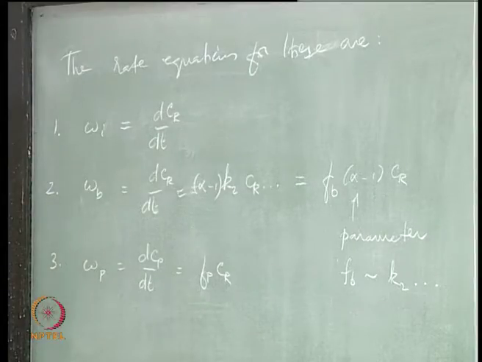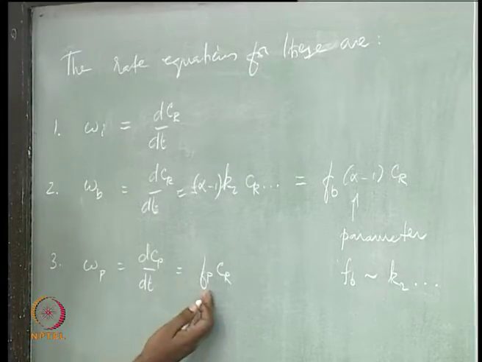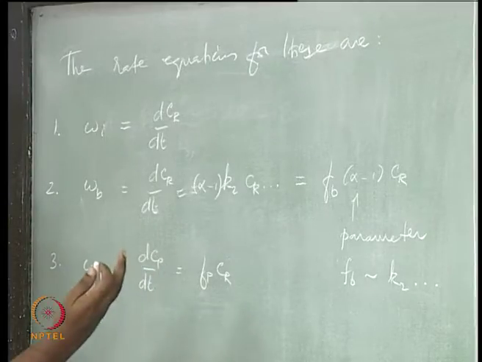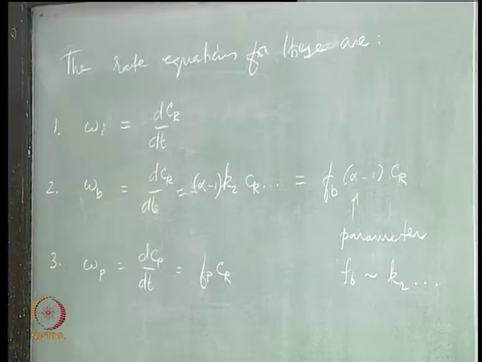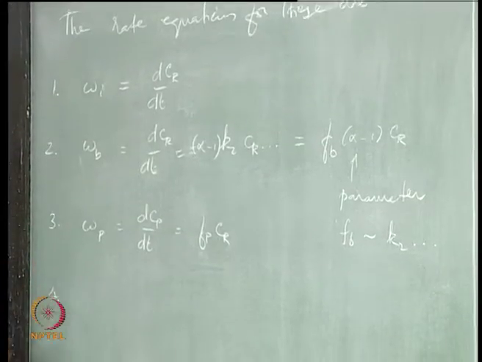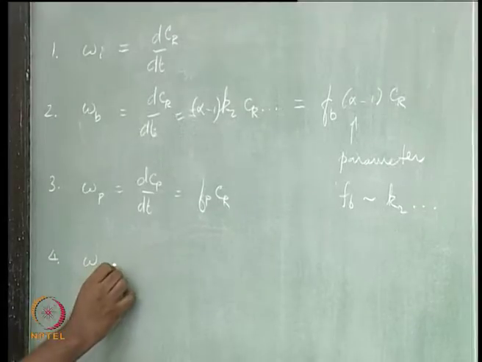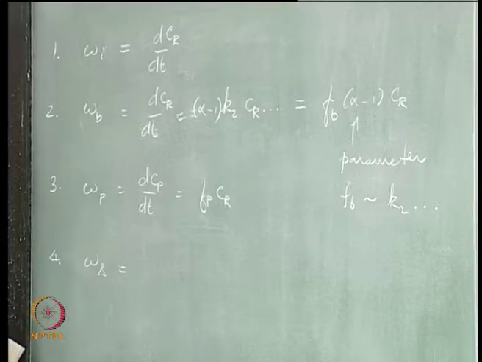Here the intermediates are neither getting produced nor consumed on the whole, so Fp is of the order of the same as K3, but you could have something hidden. So we just write F instead of K. And let's call the next one the surface termination reaction rate.